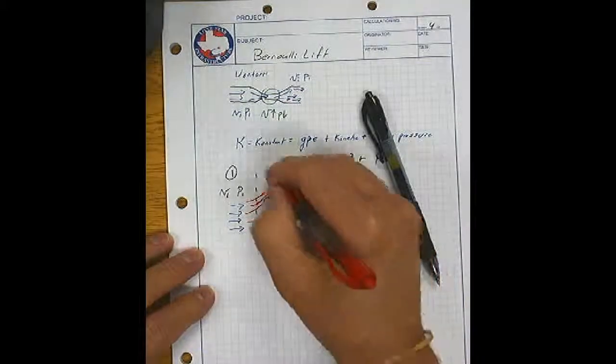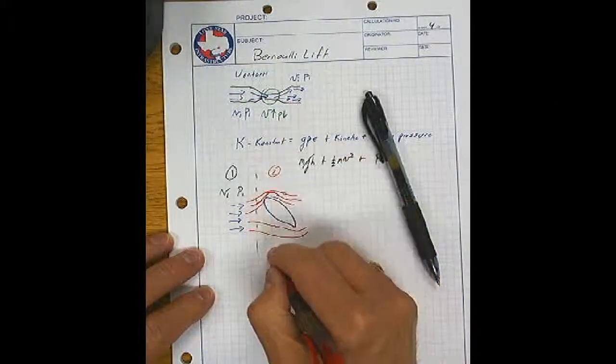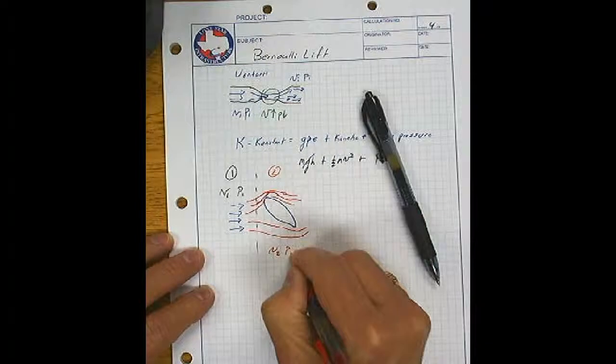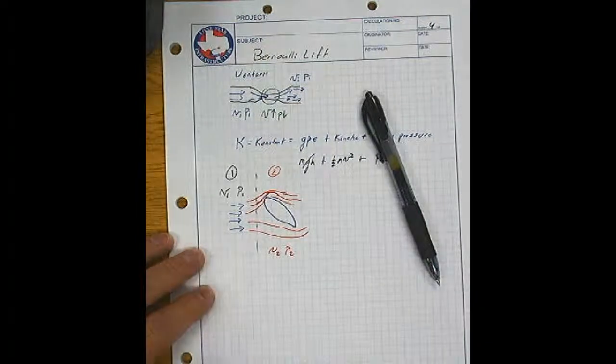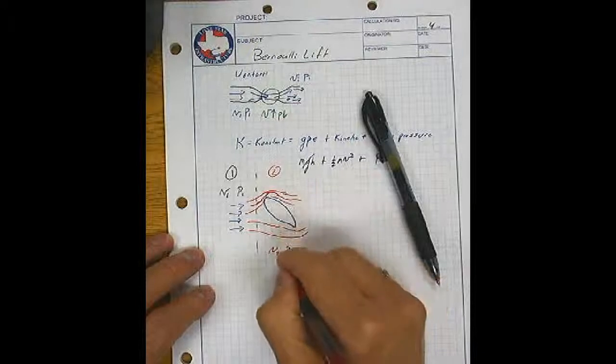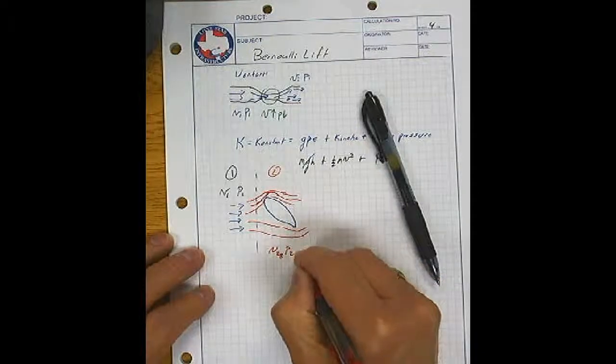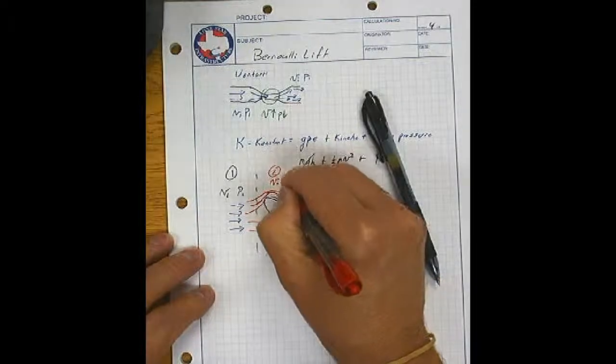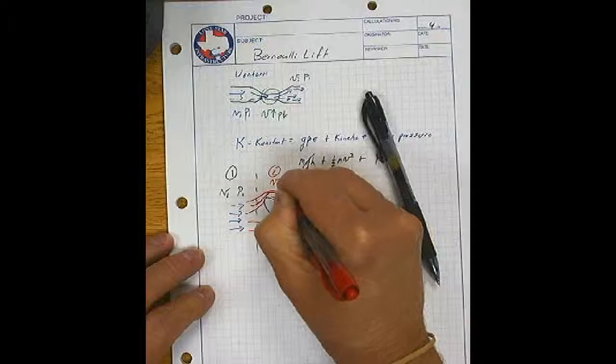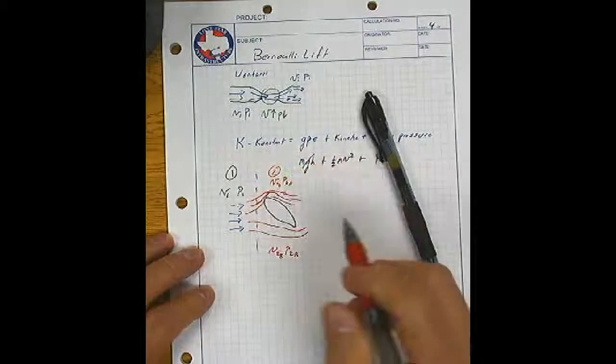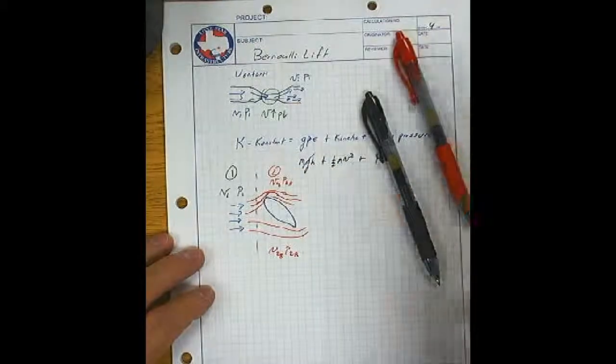And so right in here in area 2, I have V2 and P2. Actually, I have two different V2s and P2s: V2 and P2 below the wing, and V2 and P2 above the wing. And then eventually everything kind of returns back to normal.